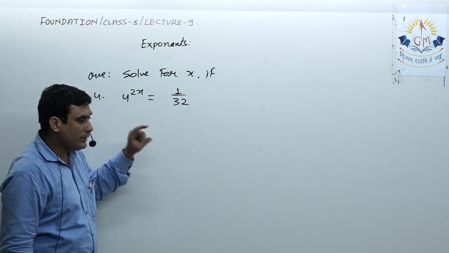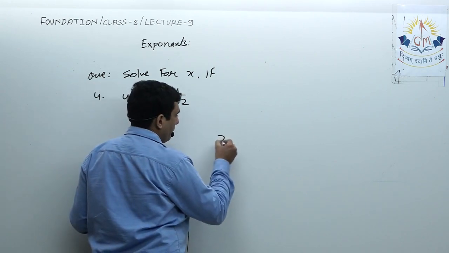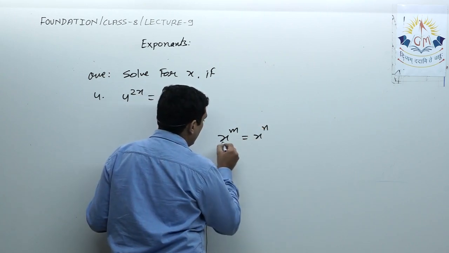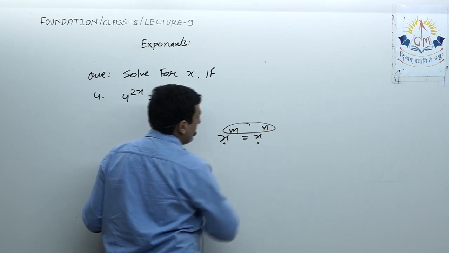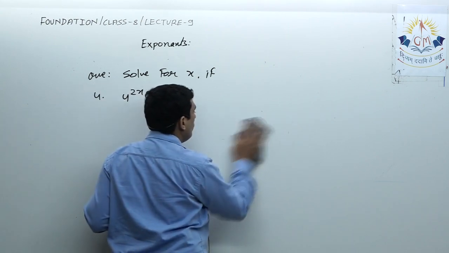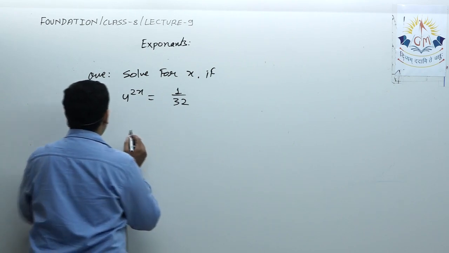If the bases are same, we can compare the exponents using this law: x raised to m is equal to x raised to n. Here bases were same, so we can say the powers will be equal. So anyhow we have to make the powers same on both sides.